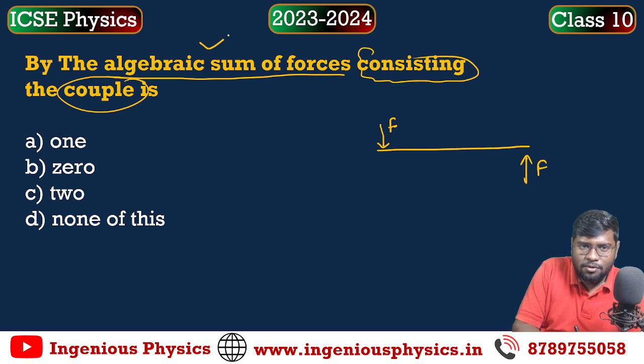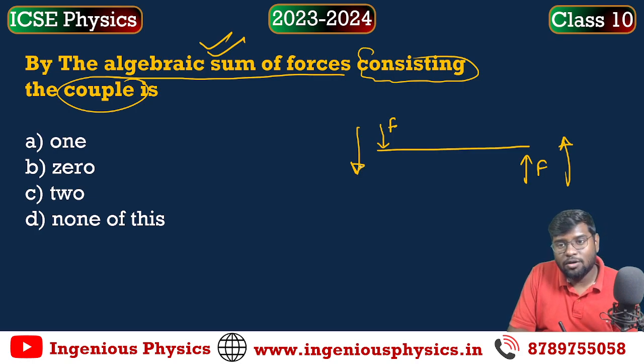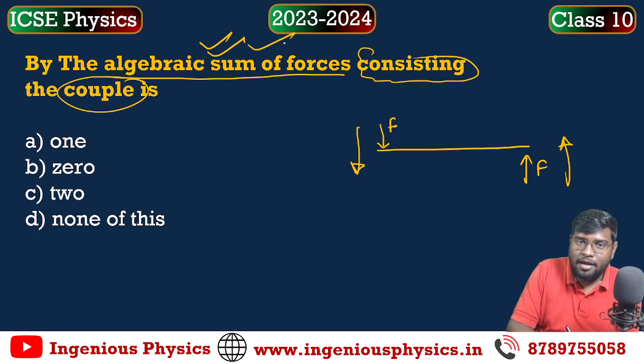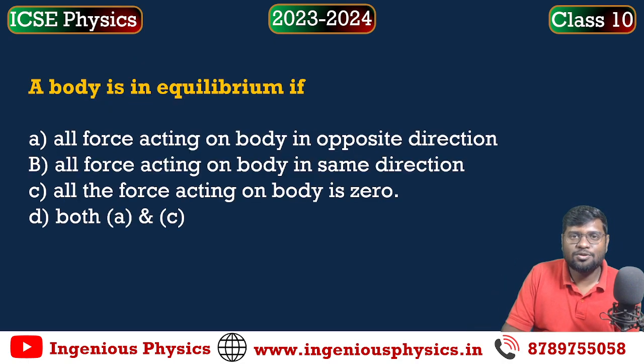The algebraic sum of the forces: one force is applied in the upward direction, and the other in the downward, opposite direction. So the algebraic sum of forces will be 0. So option B is correct. Why so? Suppose you take the upward force as positive, then you have to take the downward force as negative. If we add these two forces, the sum will be 0, right?